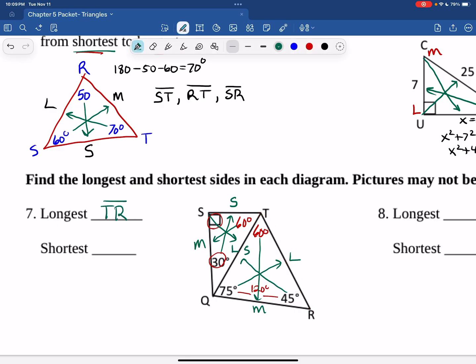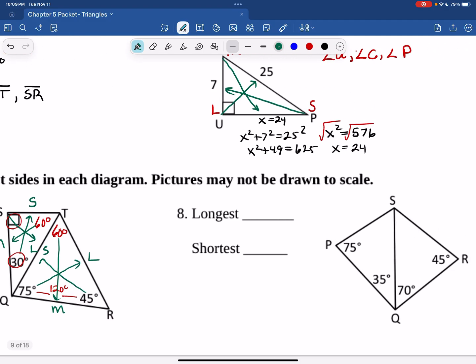So that must mean that the shortest side must be here. Let's see, how do I know? So this is the shortest side of this triangle. This is the shortest side of this triangle. Okay, well, this one, ST is definitely shorter than TQ. So we're going to say ST.